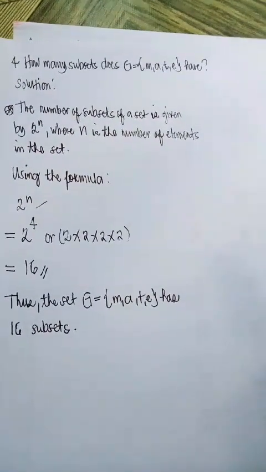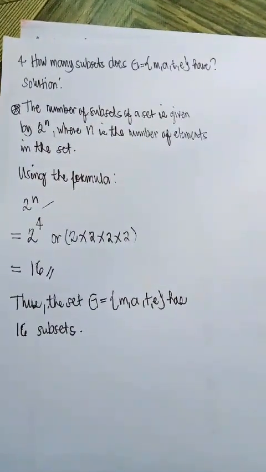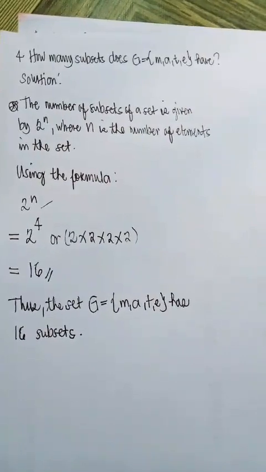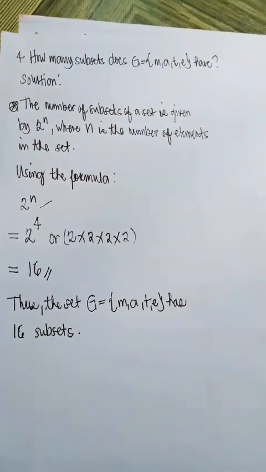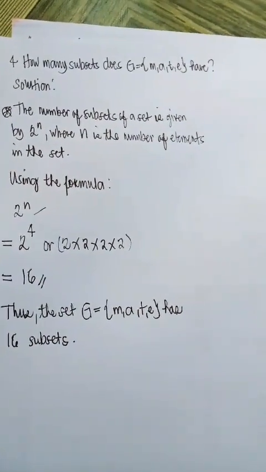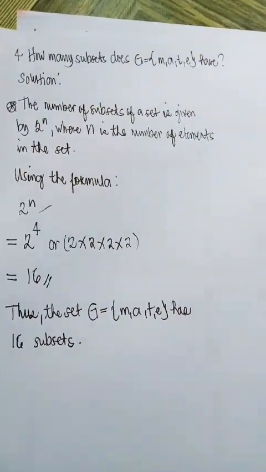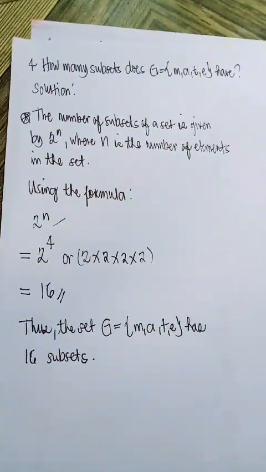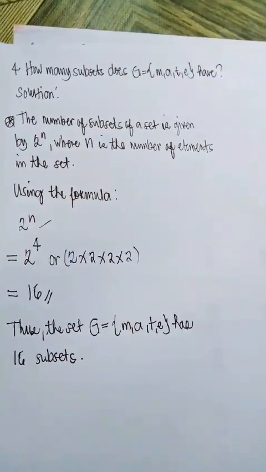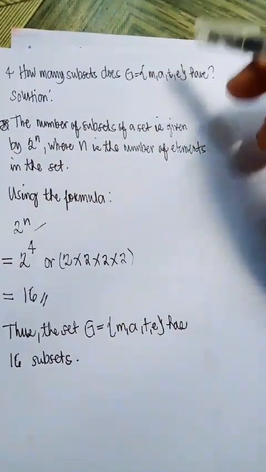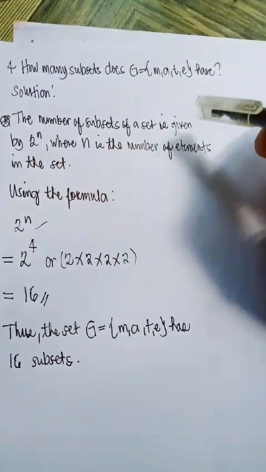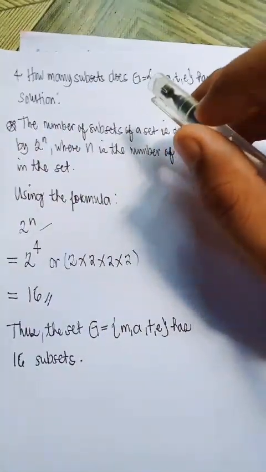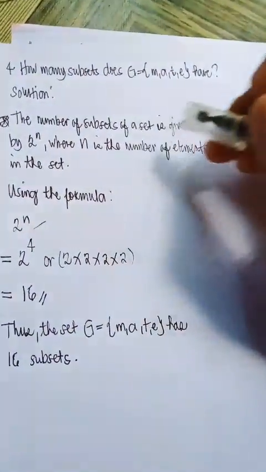Problem number 4. How many subsets does set G, which contains the elements M, A, T, E, have? The number of subsets of a set is given by 2 raised to n, where n is the number of elements in the set.